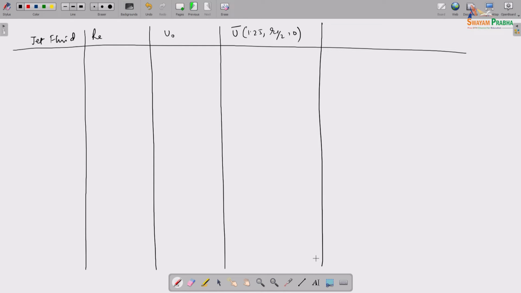Okay. So, 1 is water, 2 is air, castor oil, a fuel oil, kerosene.